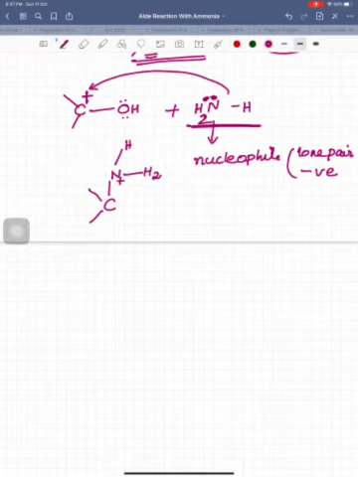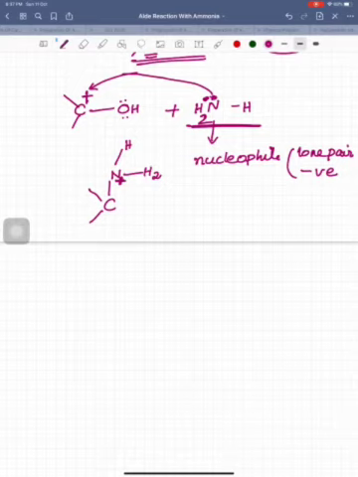So the nitrogen's charge is positive now, because it lost its lone pair for making this bond. Here it is better to draw the bond from this nitrogen, so it is easier for you. Then all the rest of the parts will be joining along with that nitrogen. Then this portion, I forgot to write, that it is OH.